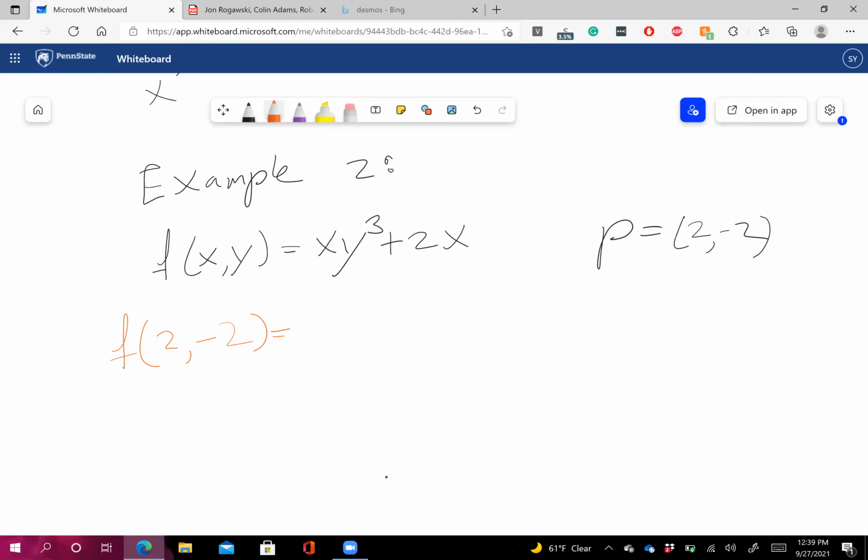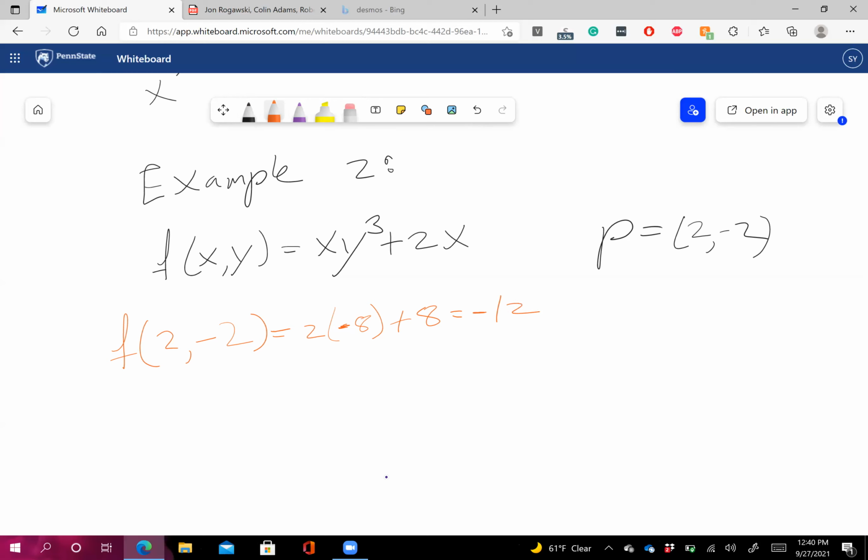So that's going to be 2 times -8 plus 8. And that is -12.